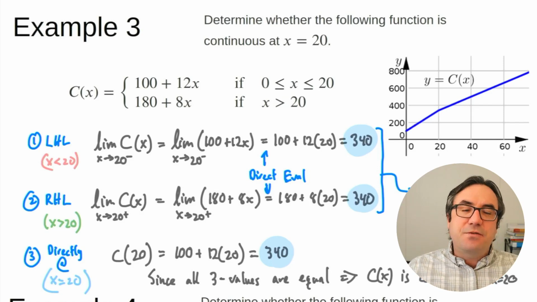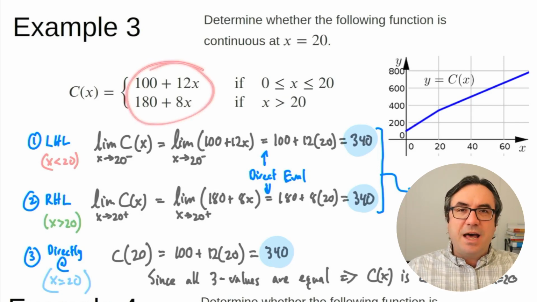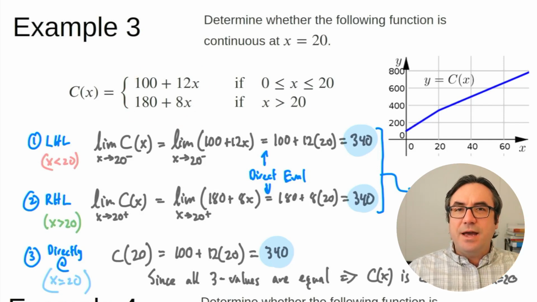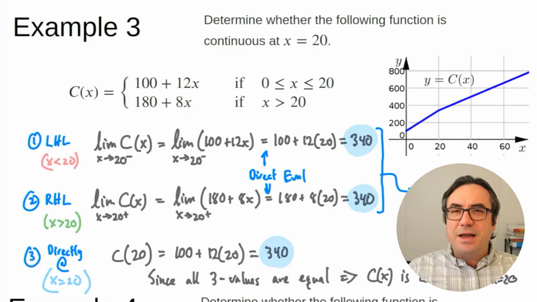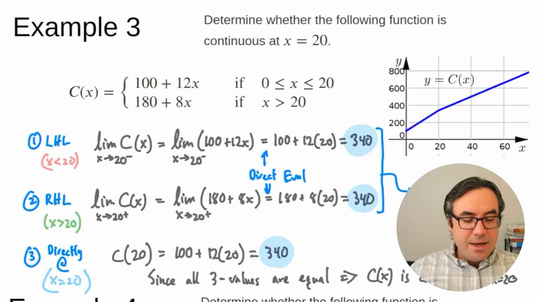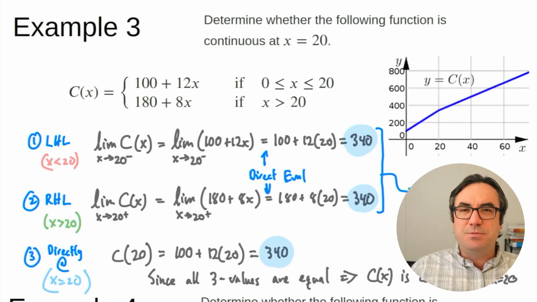So we need to check for continuity there. Piecewise functions show up in a lot of applications, and normally the pieces themselves are okay. It's where the pieces actually come together. Do they all match up? That's what we're trying to investigate with continuity here. And we can see from the graph that yes, this does match up. We can draw it in one continuous motion without taking our pen off the page.